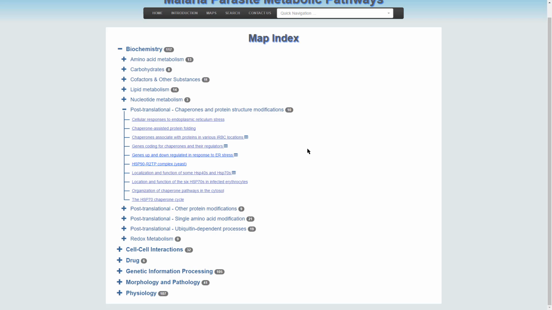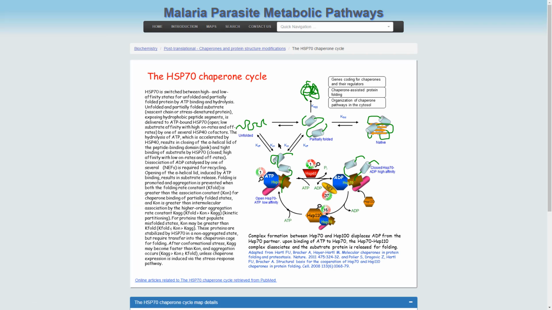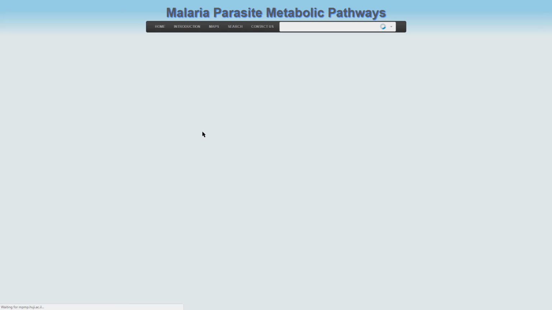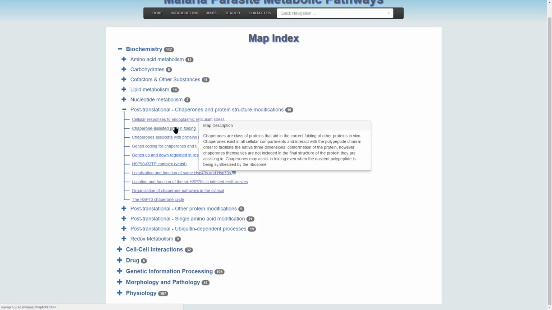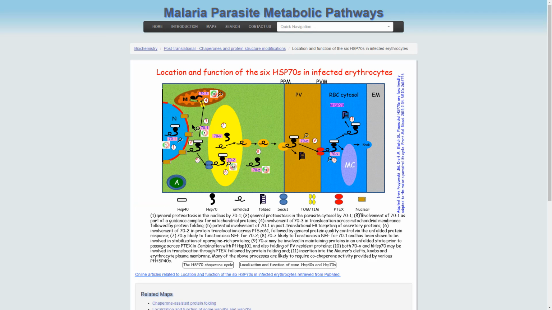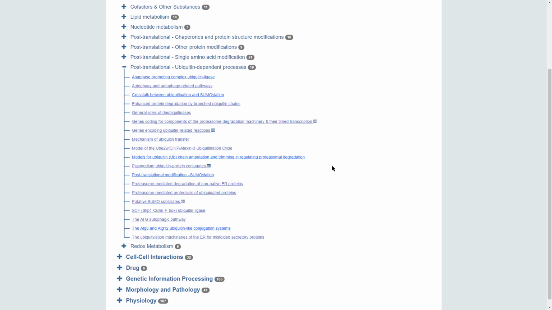And here is an example of the HSP70 chaperone cycle, and here is the location and function of the different HSP70 in the infected erythrocyte. We see that different variants appear in the nucleus, in the cytosol, in the mitochondrion, in the apicoplast, in the parasitophorous vacuole, and eventually in the cytosol of the infected cell.